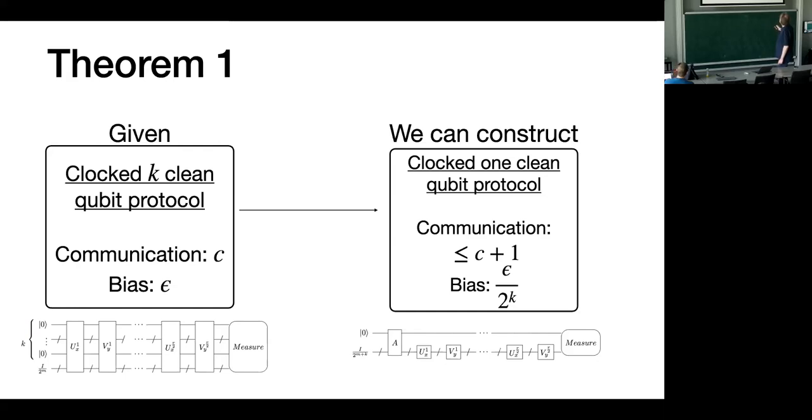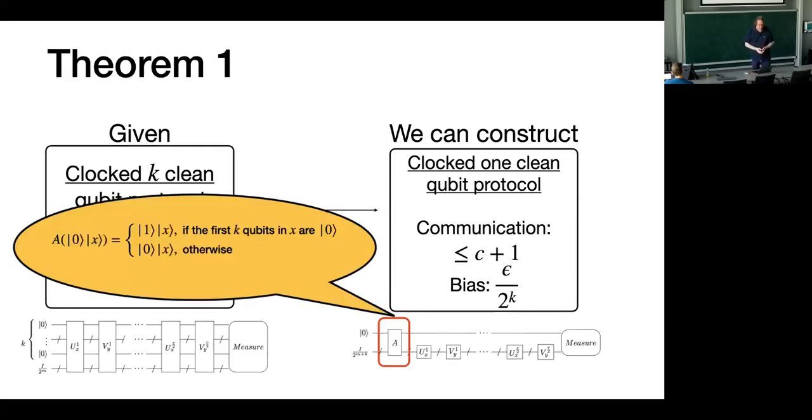And then we just simulate the previous protocol in the same way as before and then measure. So what is A? Well, it's kind of obvious what to do. You apply this unitary that flags the first qubit here if the other qubits are in the state 0, which happens with probability 2 to the minus K.